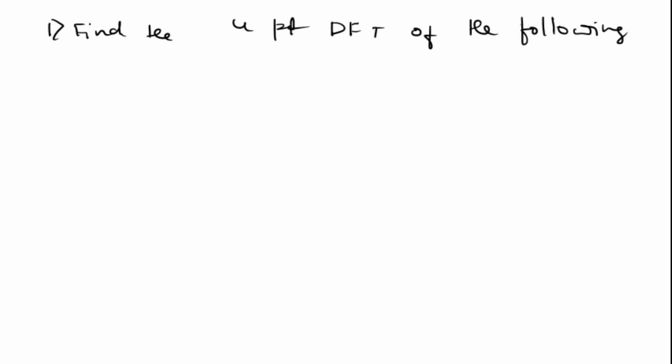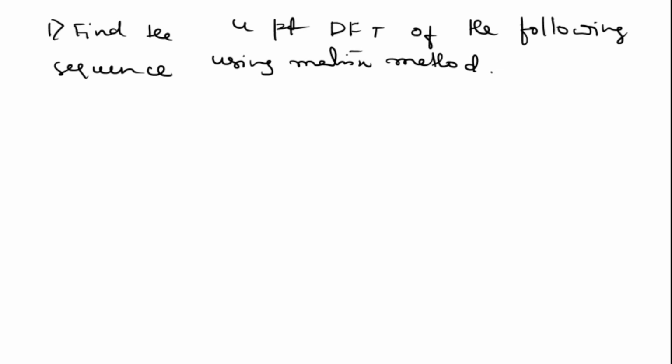First problem, find the 4-point DFT of the following sequences using matrix method. First one, x of n is equal to 3, 2, 0, minus 1.